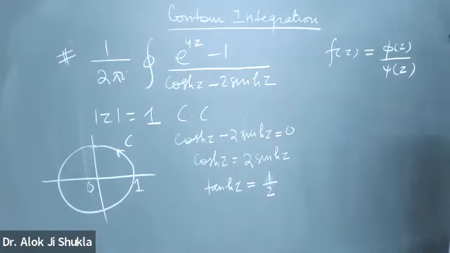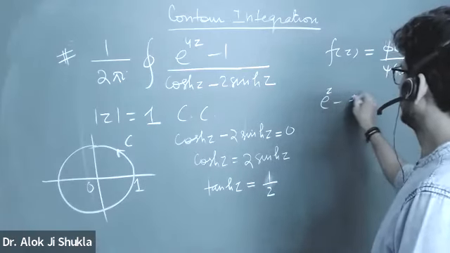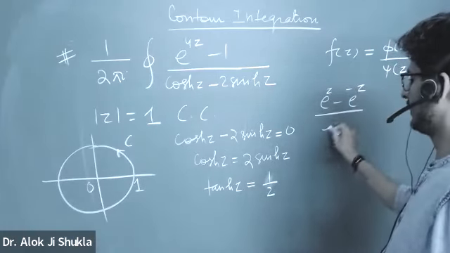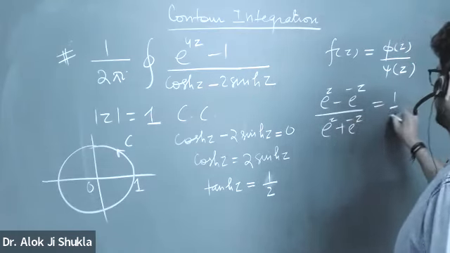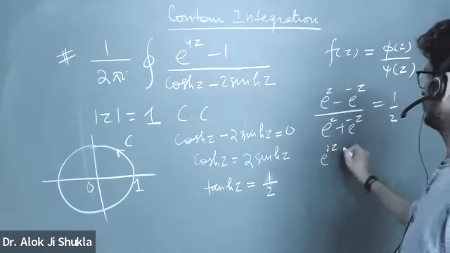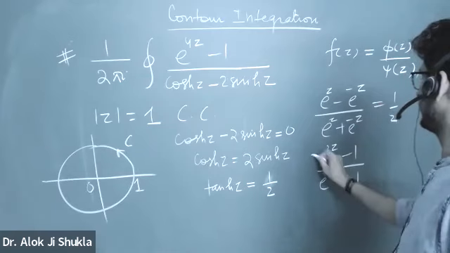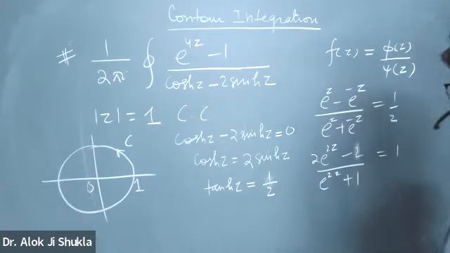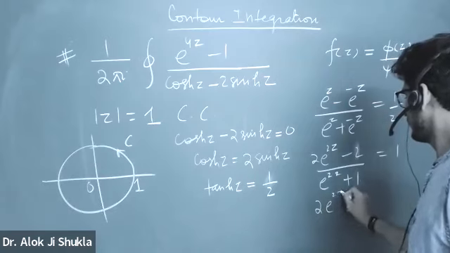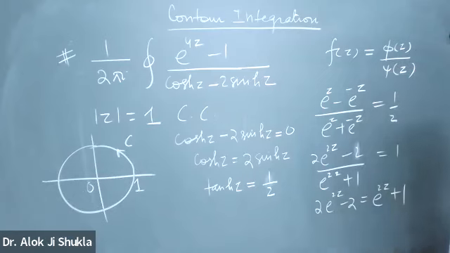So we will have to see e to the power z minus e to the power minus z upon e to the power z plus e to the power minus z is equal to 1 by 2, or e to the power 2z minus 1 upon e to the power 2z plus 1, into 2, is equal to 1, or 2 e to the power 2z minus 2 is equal to e to the power 2z plus 1.